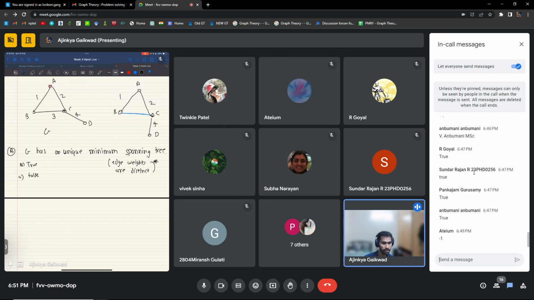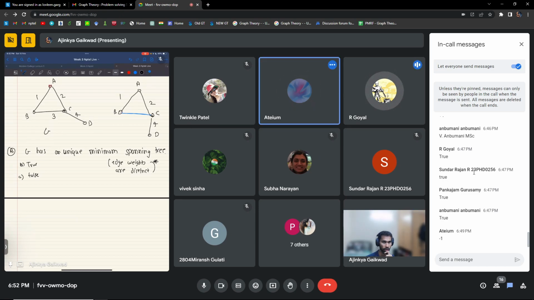If you have distinct edge weights and you run Kruskal's algorithm on it, will it give me a unique minimum spanning tree? You are given a graph G where the edge weights are distinct. You decide to run Kruskal's algorithm on this graph G. My question is, will Kruskal's algorithm always return only one minimum spanning tree?